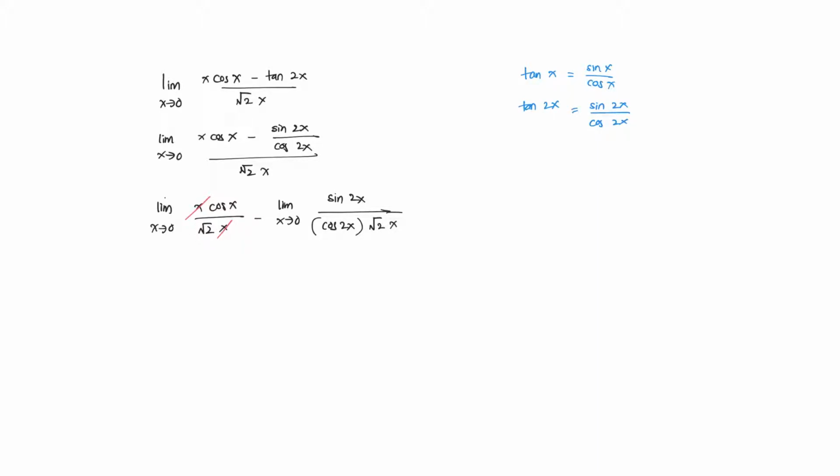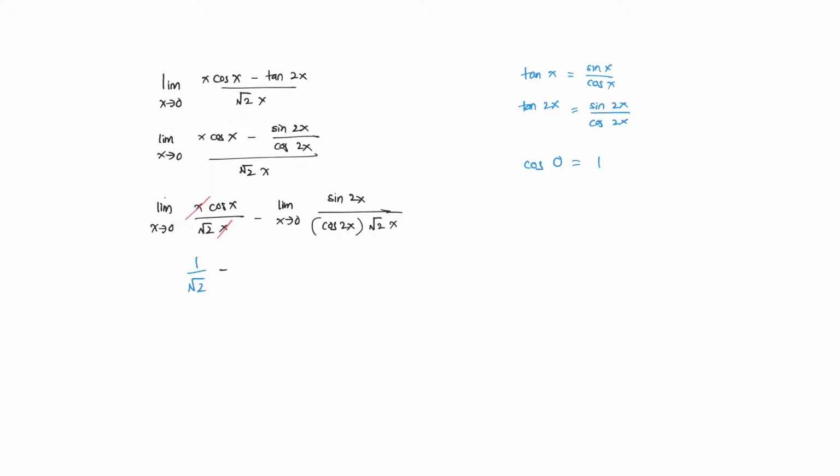Yes, because cos 0 is equivalent to 1. So if we solve for the limit of this first part, cos 0 will become 1, and the solution for the first part will be 1 over sec 2.